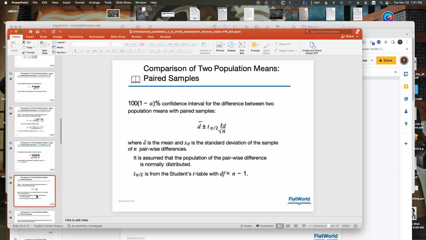And to construct the confidence interval of the difference, for small independent samples rather than larger samples, we can see that the construction isn't that much different, where our difference of the mean here is d bar, plus or minus our t statistic, depending on what value we're looking for. We're going to have to get that t statistic again, keeping in mind that we need our degrees of freedom, which is n minus 1. And then we're going to have our standard deviation divided by the square root of the sample size.